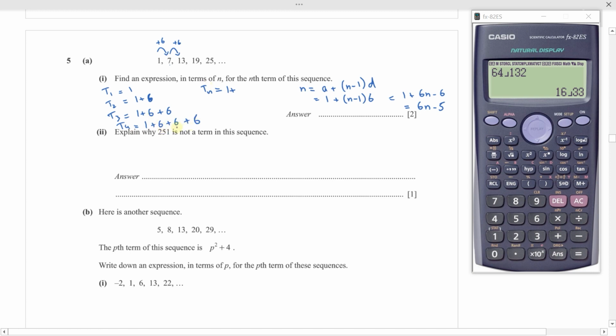So you're adding 6 one less time than the term number. So for 4, you're adding 6 three times. So for n, you will add 6 n minus 1 times, which is the same as this; if you open the bracket and simplify it, you will get the same answer. So this is a more intuitive way of doing it using expansion and seeing how the sequence is formed.